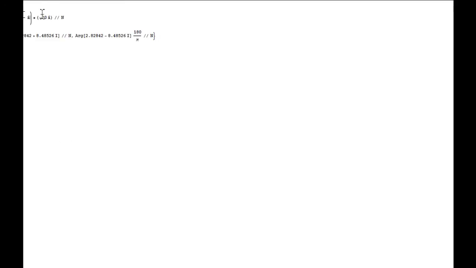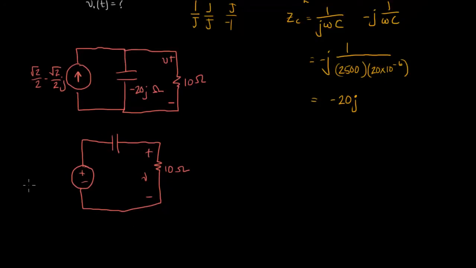Okay, and then the /N gives us a numerical value. So when I compute that, I get this for my voltage. Okay, so that's negative 14.14, negative 14.14. So this is negative 14.14 minus 14.14 j. And then this is still negative 20j ohms.